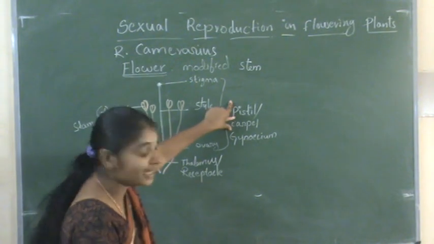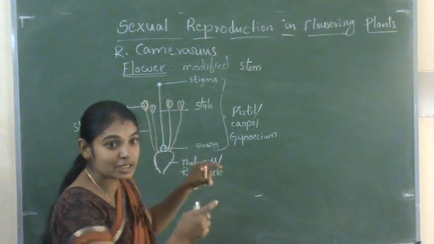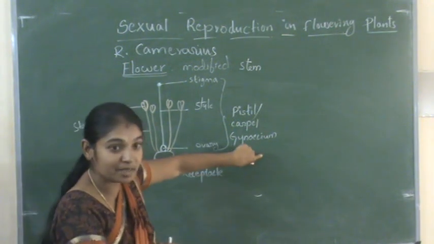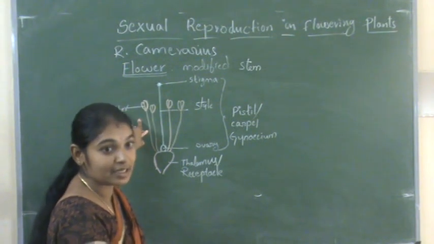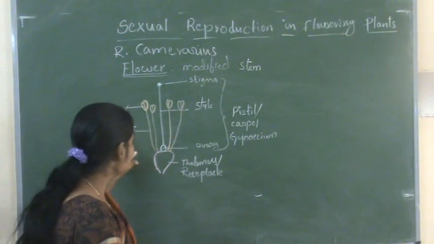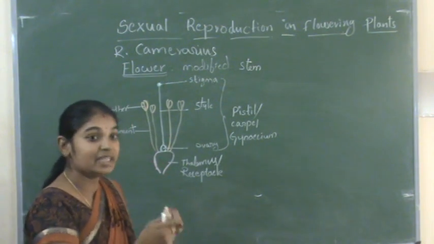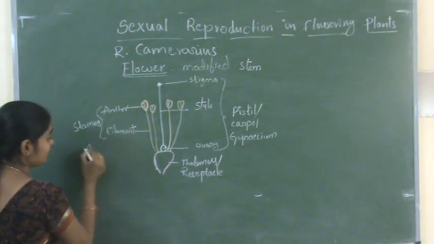So pistil is the female reproductive part, and all pistils together are called gynoecium, while all stamens in a flower together are called androecium.